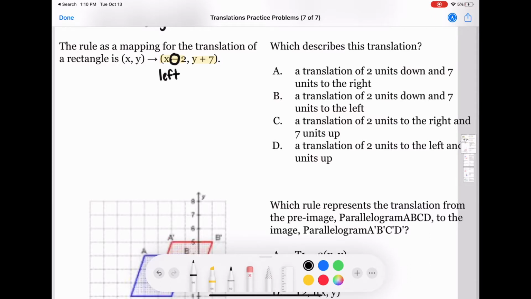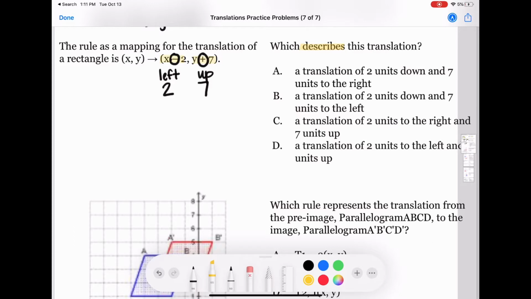And we know that when we have a y plus something, we are to move up. Therefore, we want to find a description that describes this translation as a translation to the left 2 units and up 7 units.